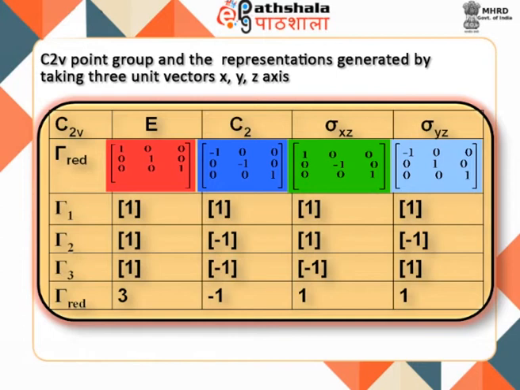And if we take the C2v point group and the representations generated by taking 3 unit vectors along the x, y, z axes as shown below and decompose it into irreducible representations, you will get 3 irreducible representations of one dimension only, for which x, y, z units are the bases respectively.